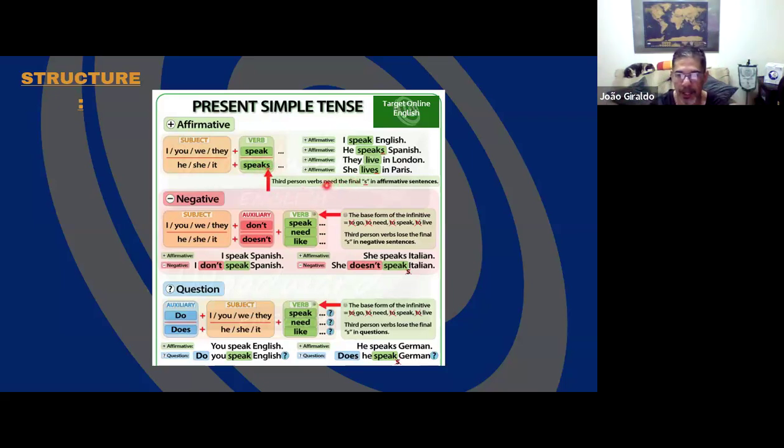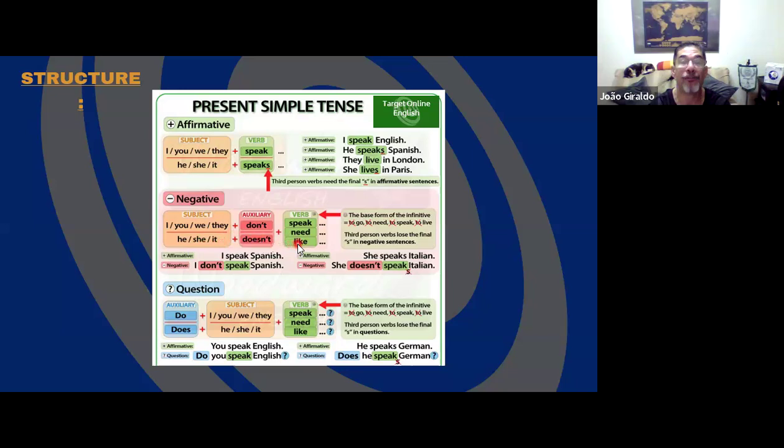Here, third person needs the final S in affirmative sentence, S or ES or IES, as I told you. Only in affirmative, because in negative, we have the use of the auxiliary verb, and of course, not, okay? Like here, for he, she, and it.